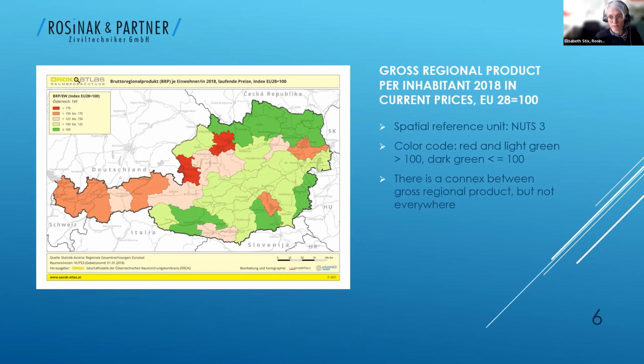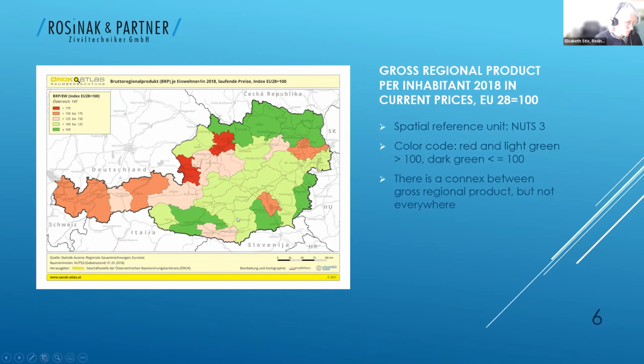It's a reference compared to the EU 28. The EU 28 is the index 100, and the color code says that red and light green regions are more than 100, more than the EU 28 comparison, and the dark green are under this index of EU 28.